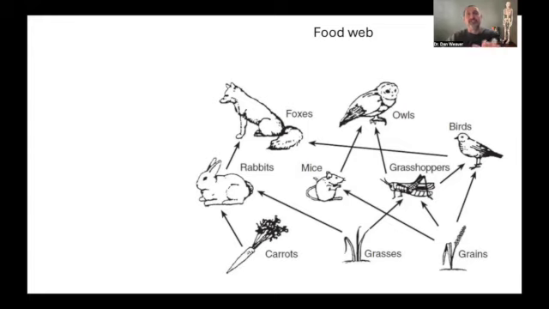So the amount of grains and grasses might increase. However, the birds are going to be losing a major food source. So are the owls. As a result, the bird population or owl population might diminish because there's not enough grasshoppers around to eat. So notice how these things are interconnected and interrelated.